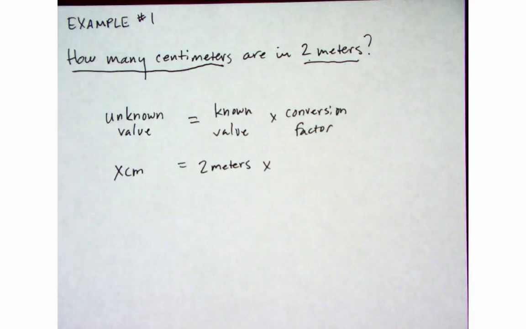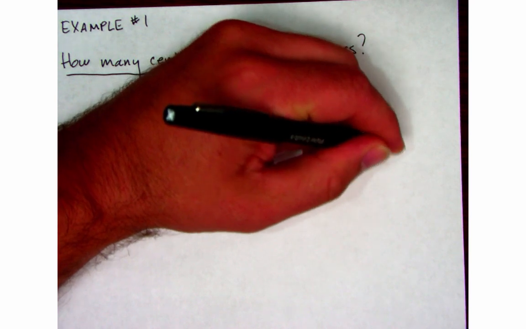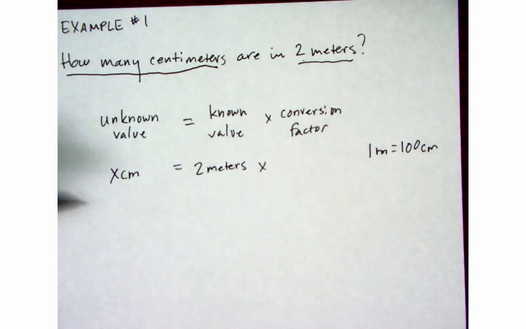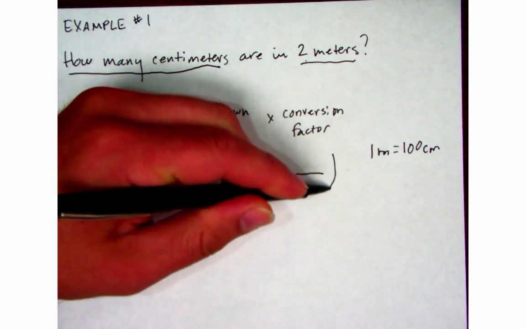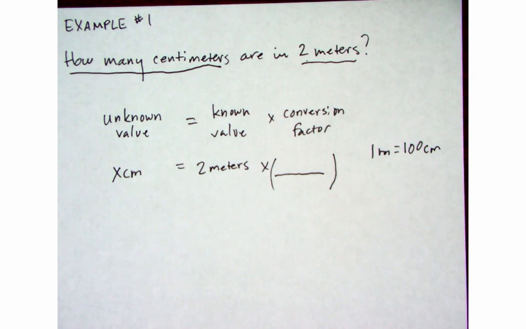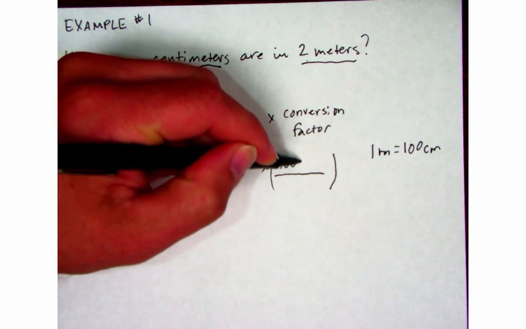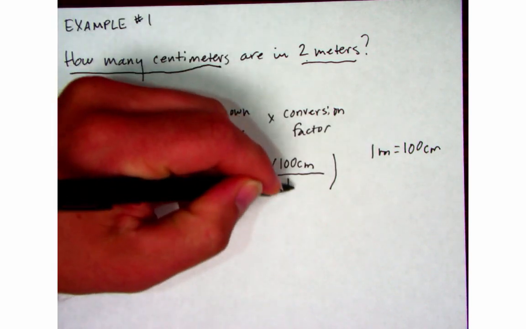So one of those 2 values, let me write that down first, 1 meter equals 100 centimeters. So in my conversion factor, which is going to take the form of a fraction, one of those has to go on top and one has to go on the bottom. Now the thing I want is centimeters, and so that is going to go on top. The thing I want to get rid of is meters. That's going to go on the bottom.